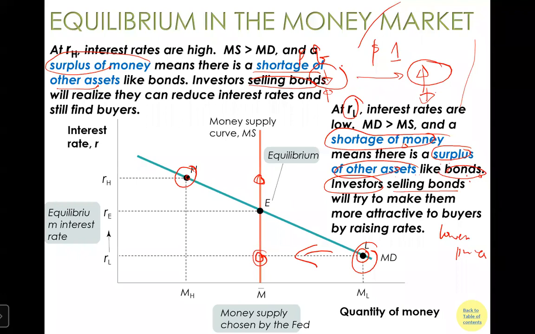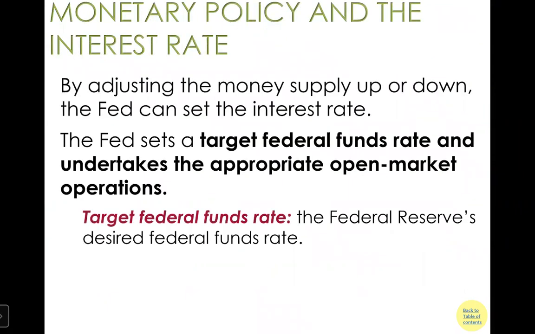So they pay a higher price. The higher price implies the interest rate will go down. In other words, we are going to move in this direction until we reach the equilibrium. This is very similar to the demand and supply we have discussed on several occasions. Eventually we are in equilibrium.